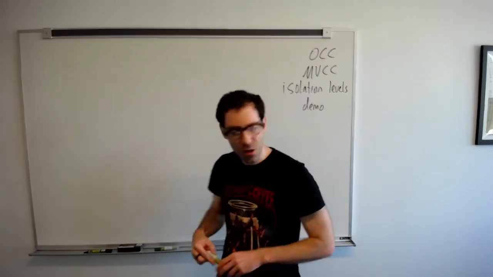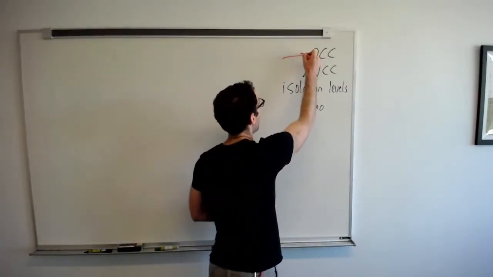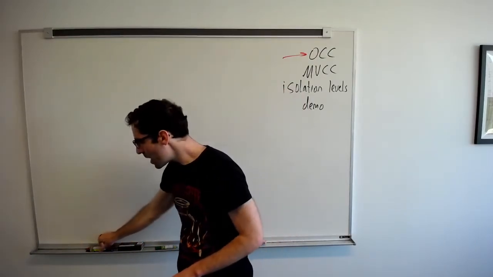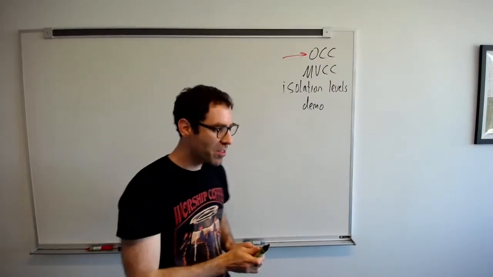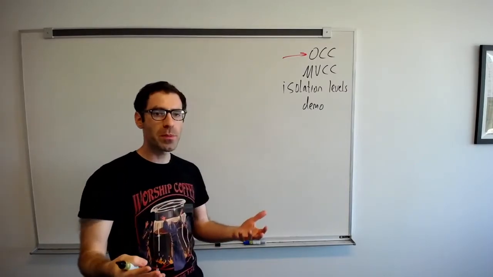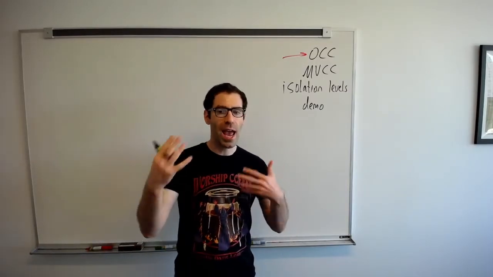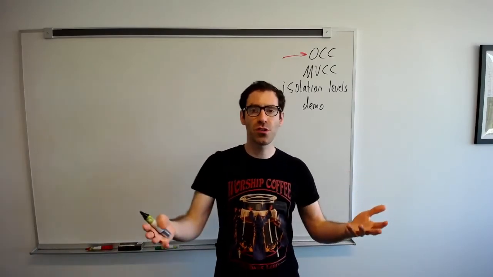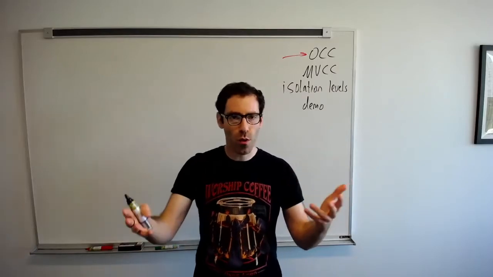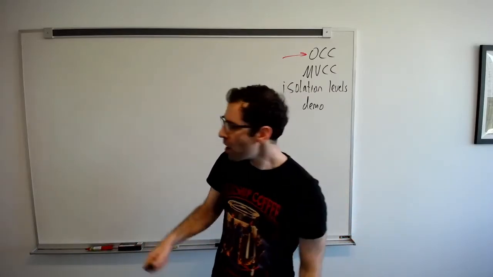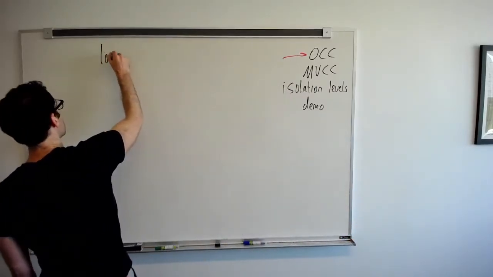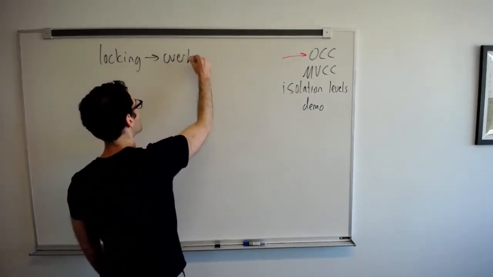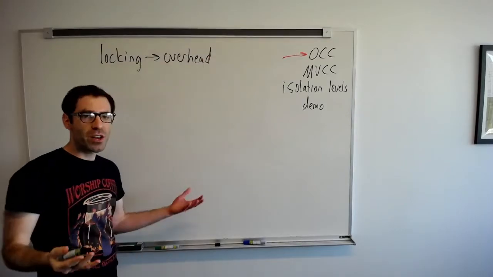So let's start out at optimistic concurrency control. And the idea here is that when we're doing something like two-phase locking, and we have a bunch of locks that we're requiring, for every resource a transaction is going to read or write, it needs to acquire a lock, and all this acquiring of locks leads to significant overhead.